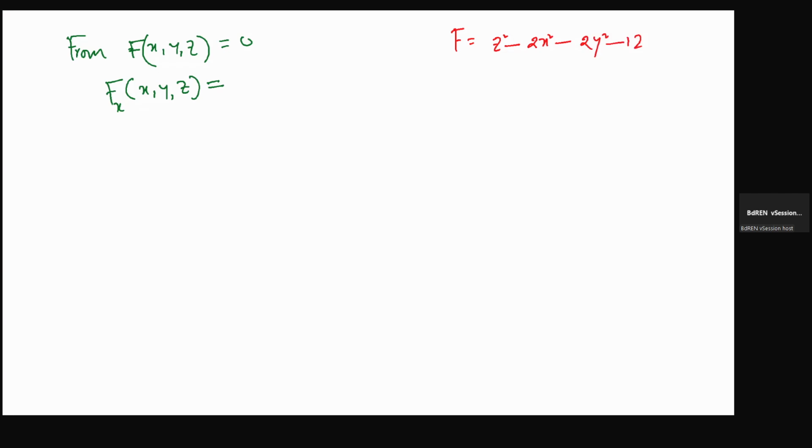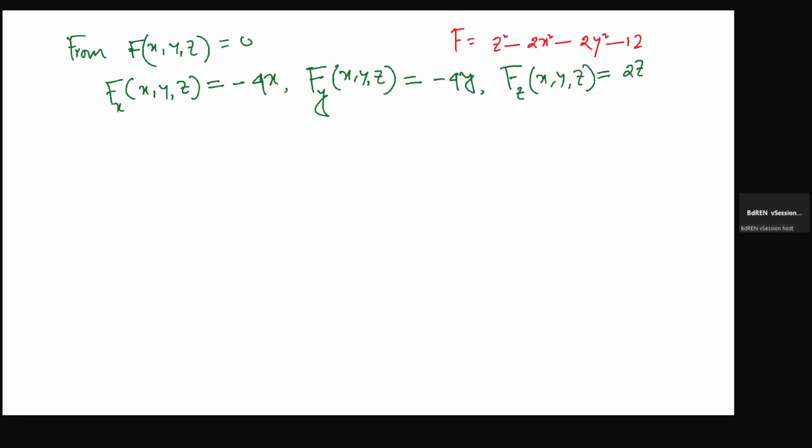So if we differentiate with respect to x, then it will be only minus 4x. Am I right, everybody? Yes, sir. Similarly, f_y with respect to y will be minus 4y. Similarly, f_z, with respect to z, would be 2z only.